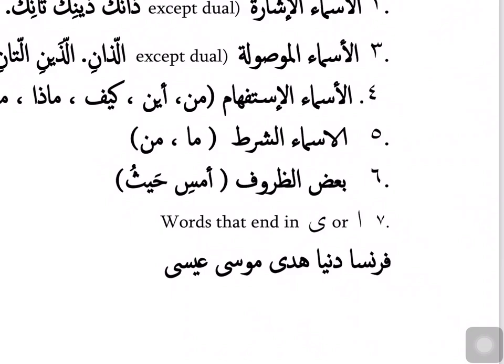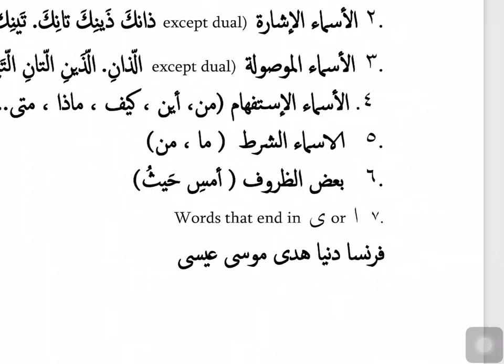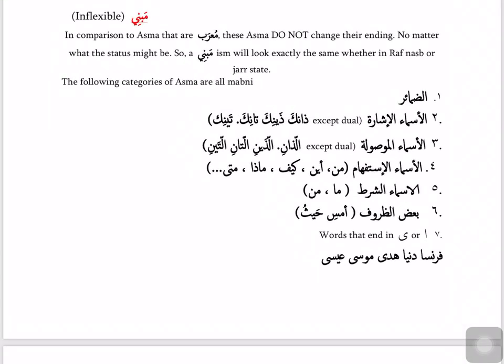The seventh category of mabni asma are words that end in an alif or an alif maqsura. Alif maqsura is like a ya without dots. Examples are Fransa, Dunya, Musa, Isa. These words are mabni.